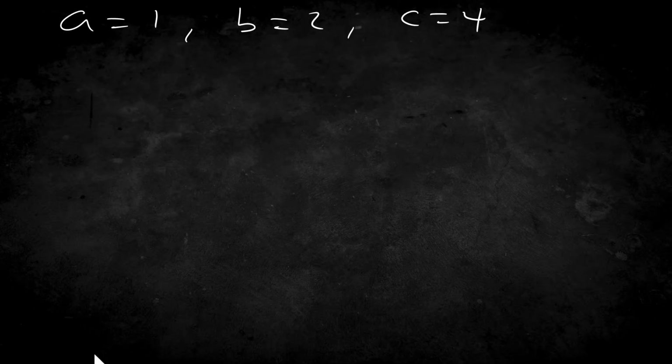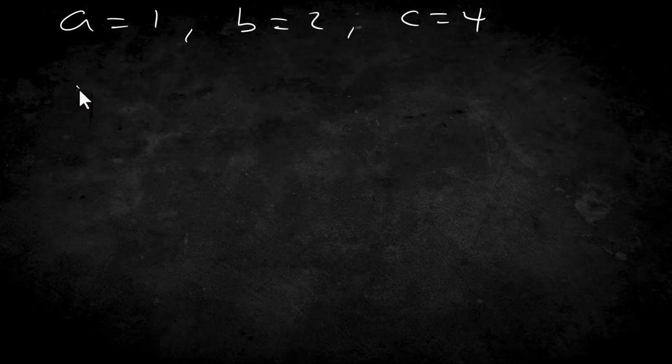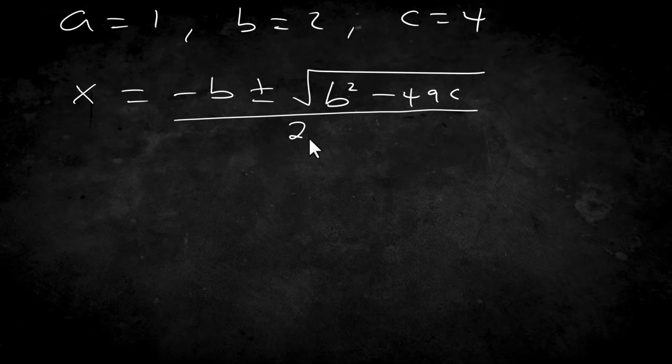So from here we can write our formula as x equals minus b plus or minus the square root of b squared minus 4ac, all over 2a. Now let's solve for x.